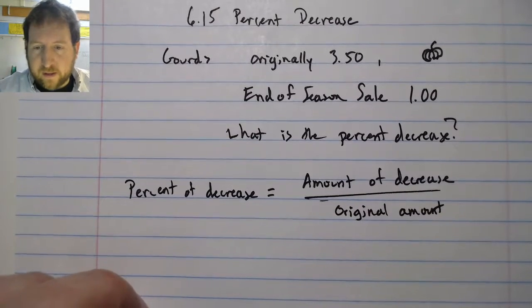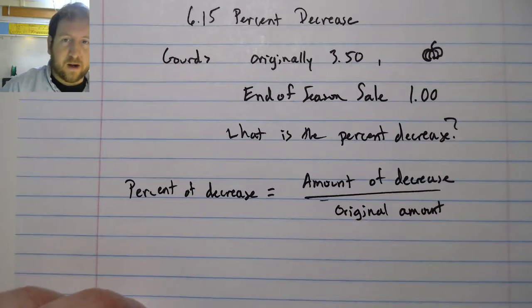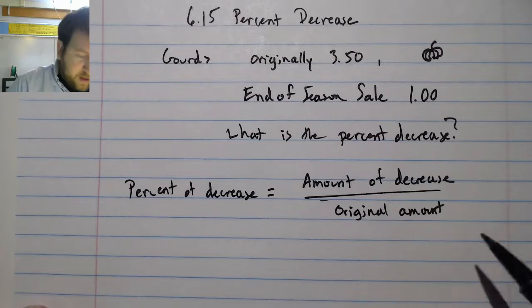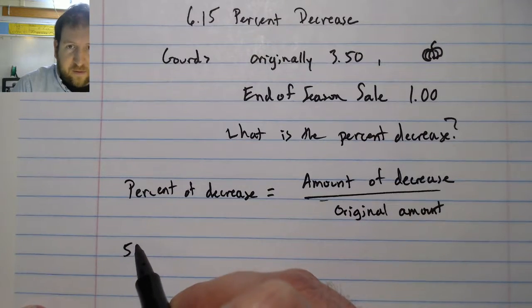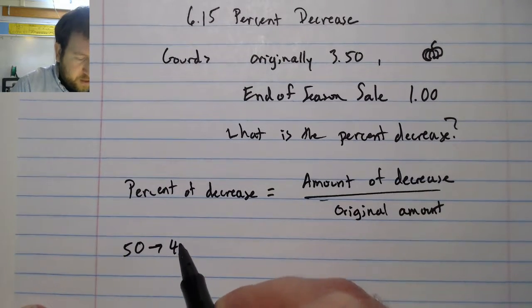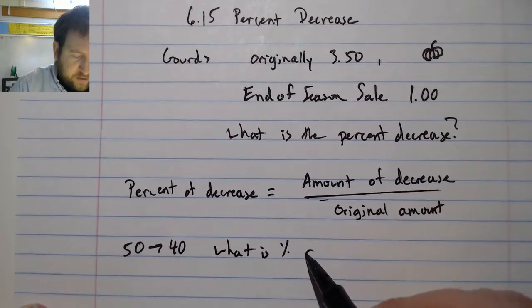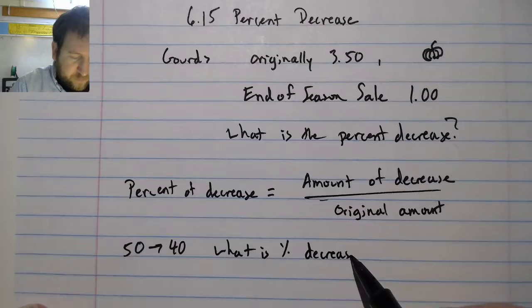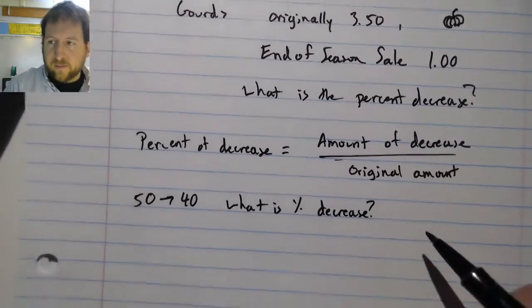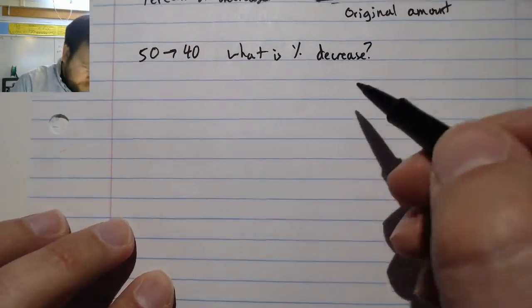So if we look at an example real quick before we return to our gourd problem, say we have something that goes from 50 to 40, and they ask what is the percent decrease. All I need to do is write my formula in.